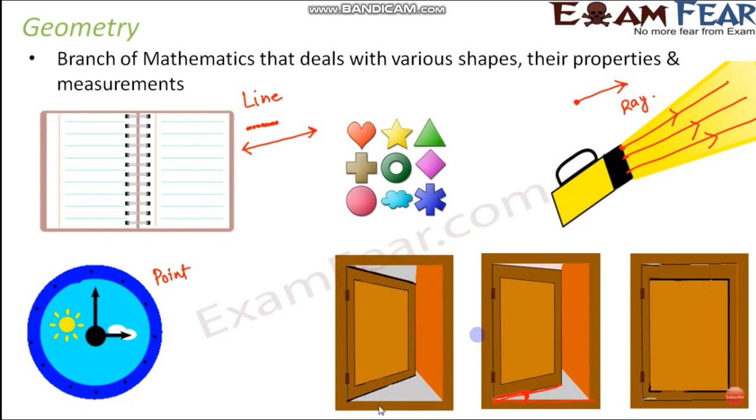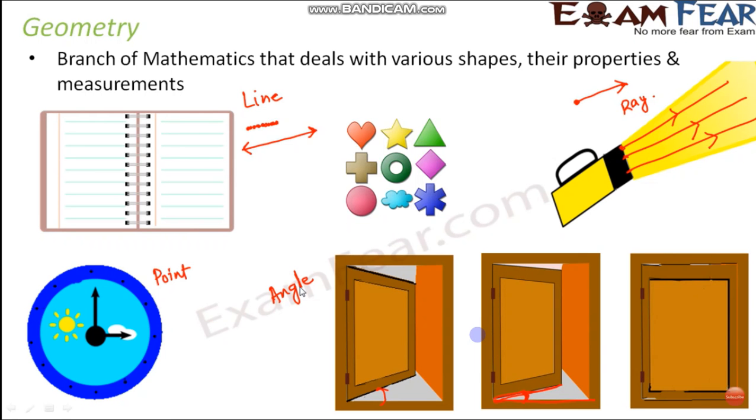Basically, the more you open the door, the more this angle increases. So the angle is nothing but a geometrical element which shows the orientation of one surface with another, or of one line with another.